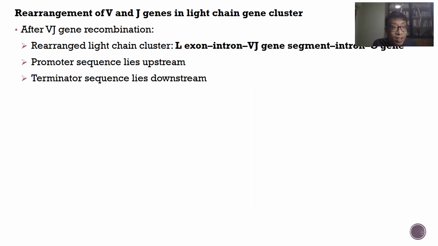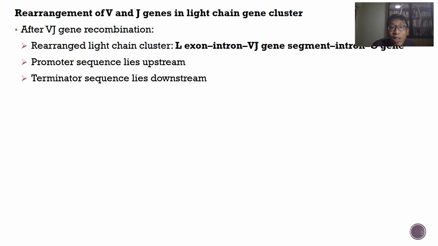After that, the DNA for the light chain gene cluster would be a bit shorter, because some of the DNA gets cut away and removed. So the light chain gene cluster now consists of an L exon followed by a short intron sequence in the DNA.